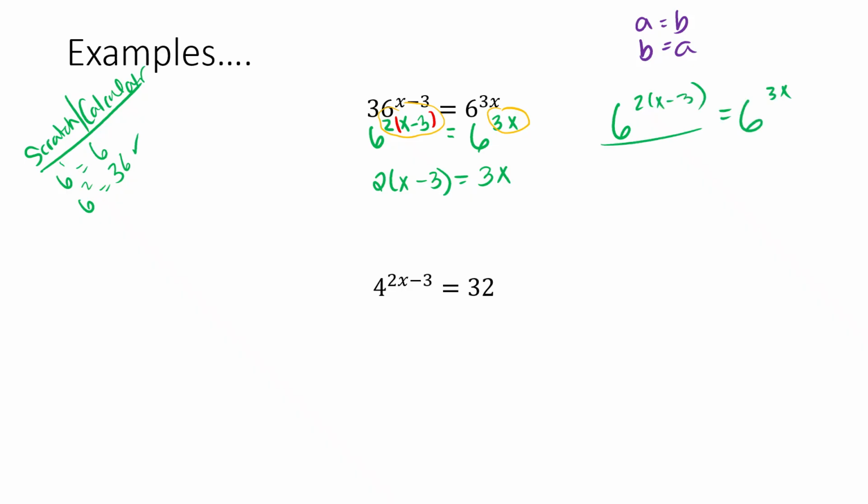Okay, I have had students do this and they'll write it out as division, and I have to take off points for that because that is not what is happening. We are not dividing both sides by 6 there, okay? Because I don't know how many 6s I actually have there because I do not know the value of x. So that is not what is happening.